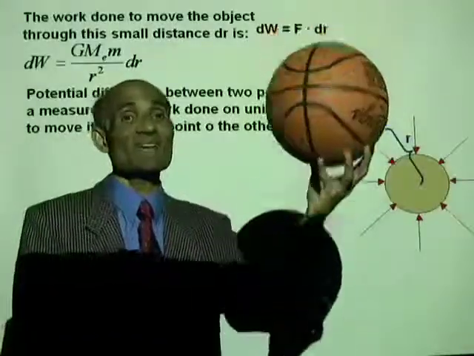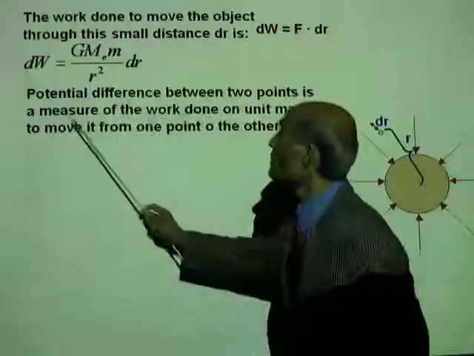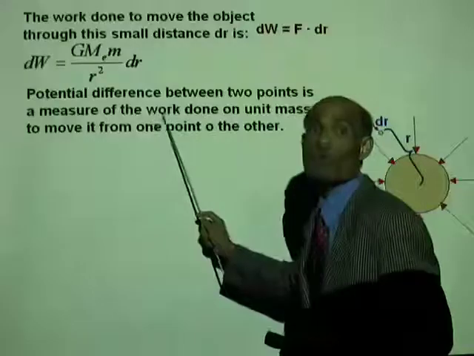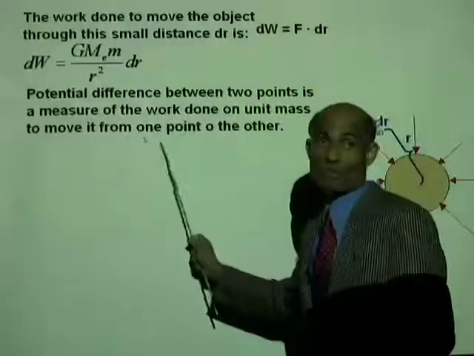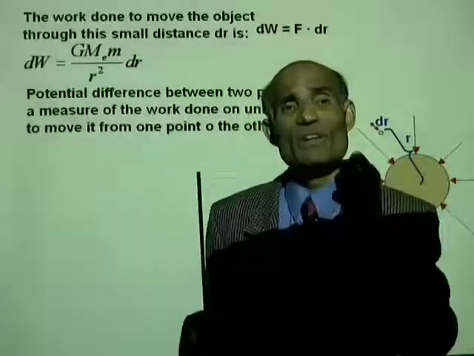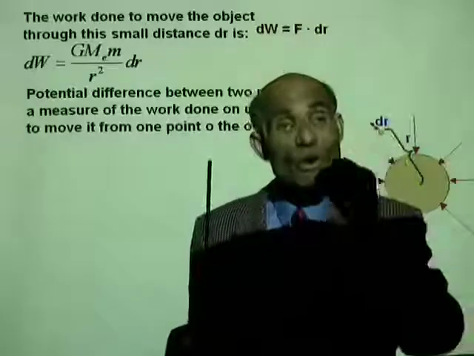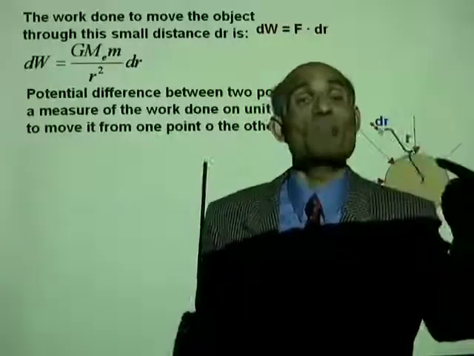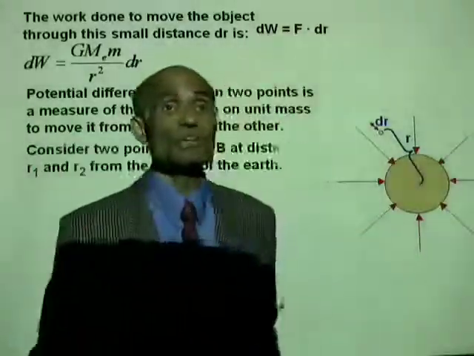You see that? So, potential difference between 2 points is a measure of the work done on unit mass to move it from one point to the other. In other words, the potential difference is a measure of the work done per unit mass to move it from one point to the other.